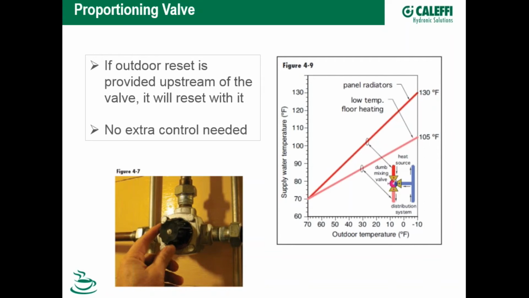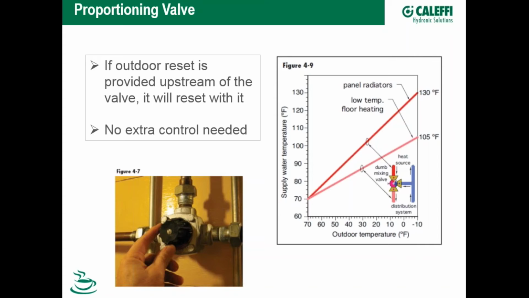So when the inlet water to the valve, the heat source water, is running at a higher temperature, the proportioning valve puts out a higher temperature. As the water temperature drops on the heat source to the proportioning valve, the outlet temperature drops proportionally with it. So it gives me that extra outdoor reset control.